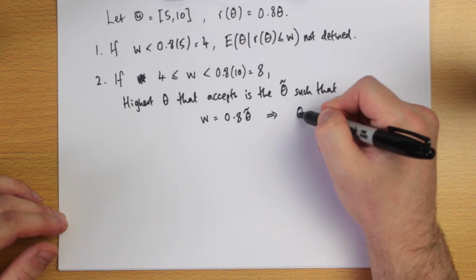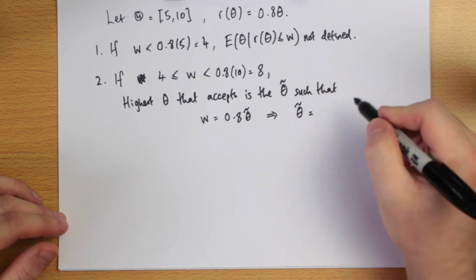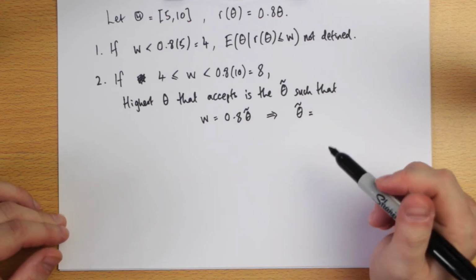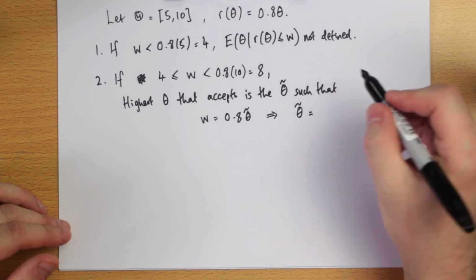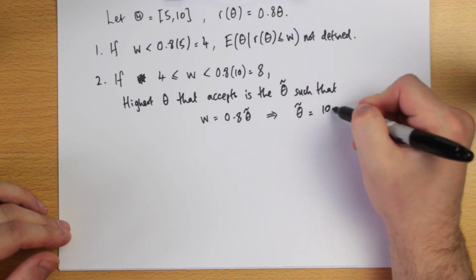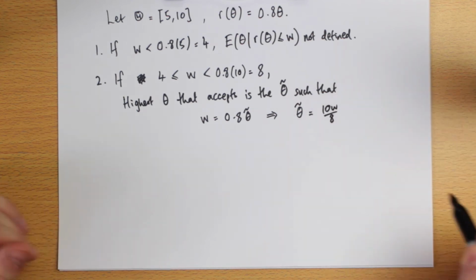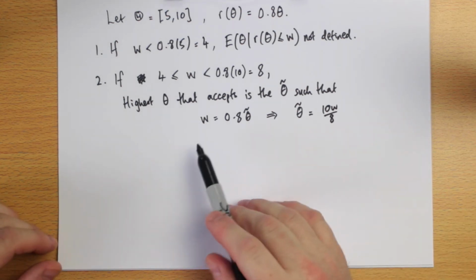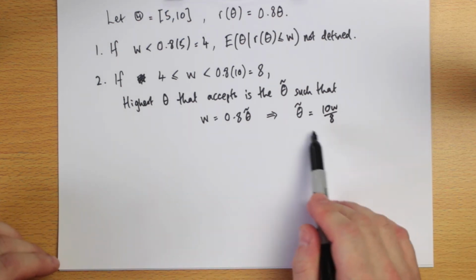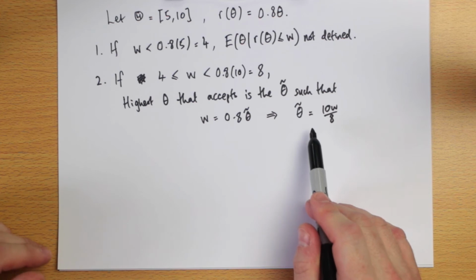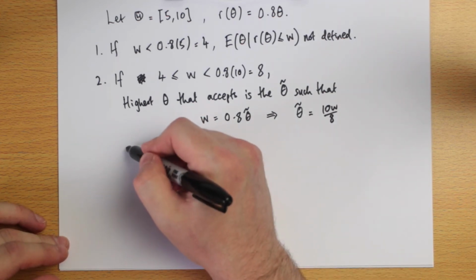So if I rearrange this, I get that theta tilde is equal to the wage divided by 0.8. So how would I write that? 10W over 8. So this is the most productive type that comes to work.